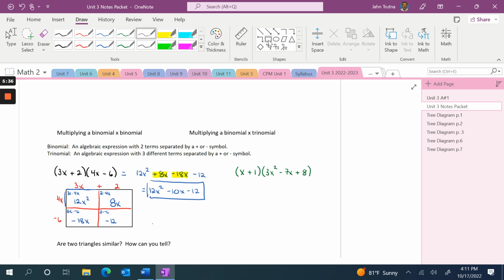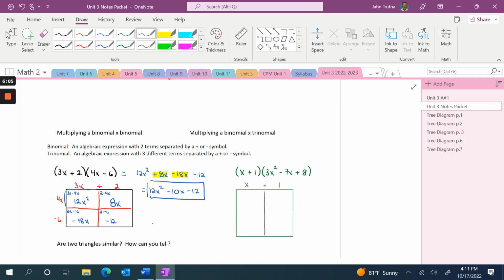The way that we're going to multiply these is we are going to incorporate the area model, just like we did when we multiplied the binomial times the binomial. This area model is going to have a few more parts in it, so we're going to take the x plus 1, we're going to write that along the top, x plus 1. Because there's two different terms, I'm going to divide the area model into two pieces vertically.